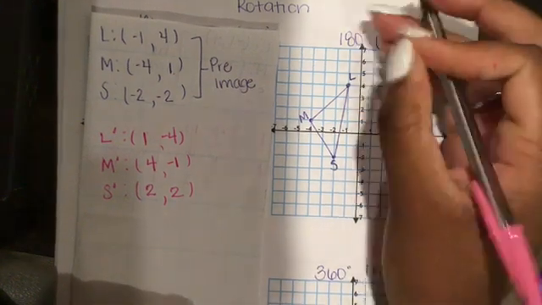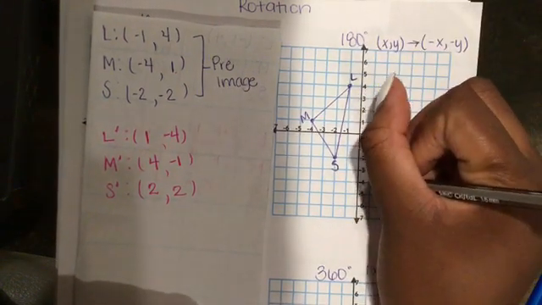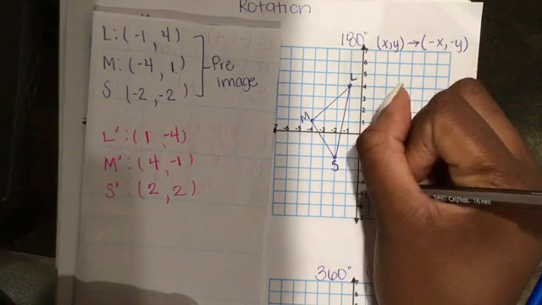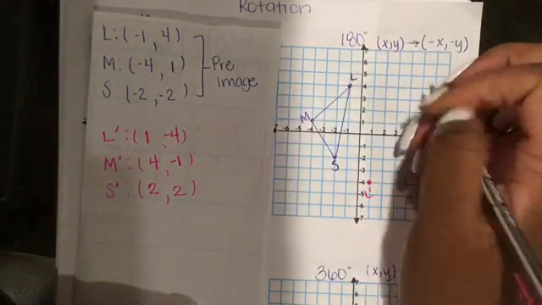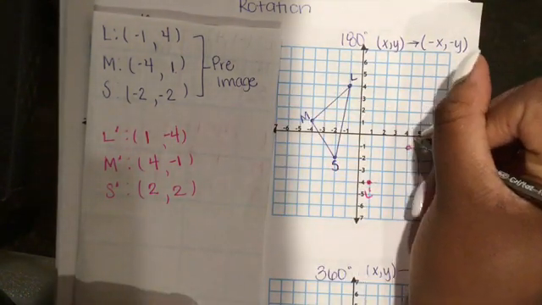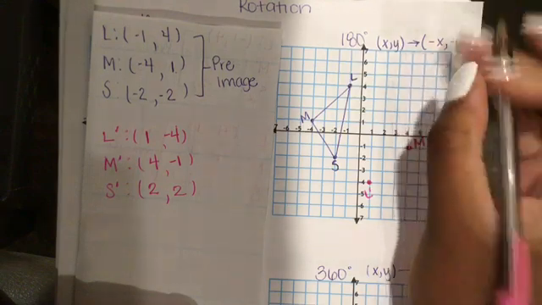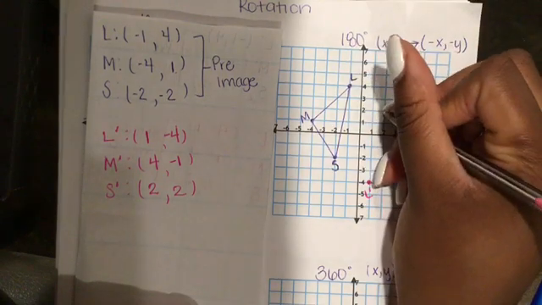So let's plot it. We're going to go 1, -4. That's L. We're going to go M 4, -1. We're going to go S 2, 2.